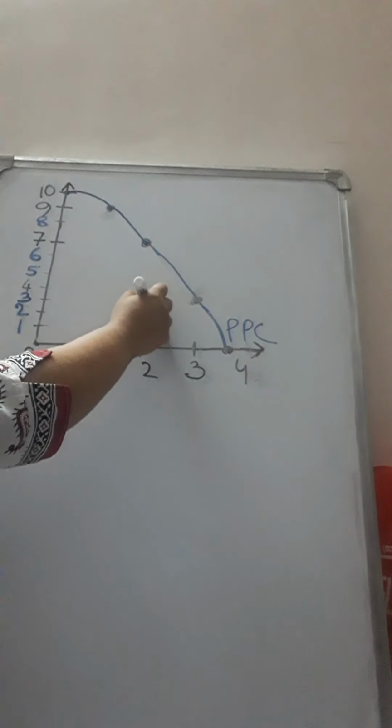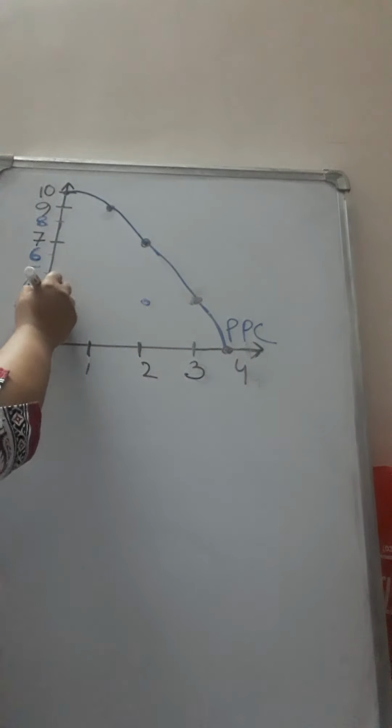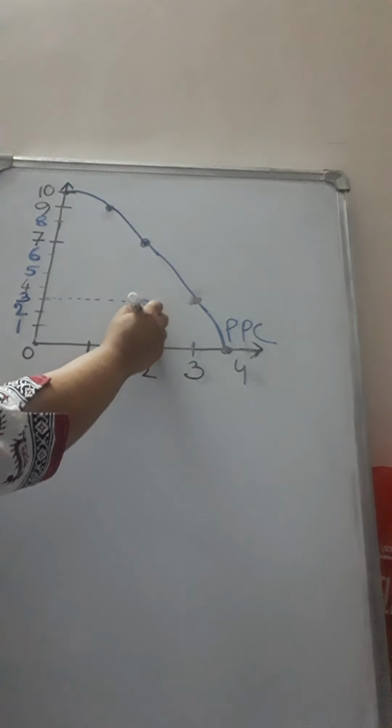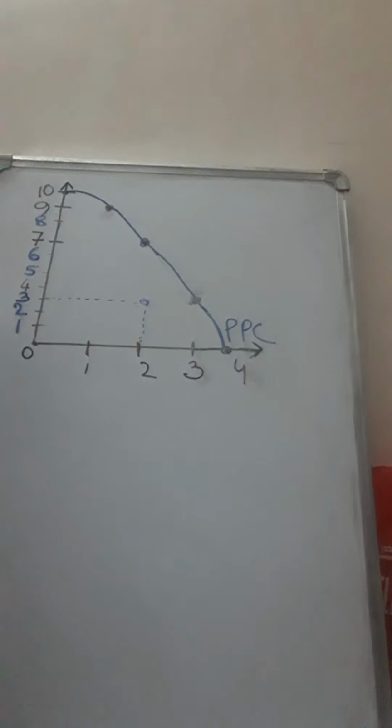They are producing less than what is possible. For example, at this point it indicates a production of 3 units of Y and 2 units of X commodity. But how much production is actually possible?